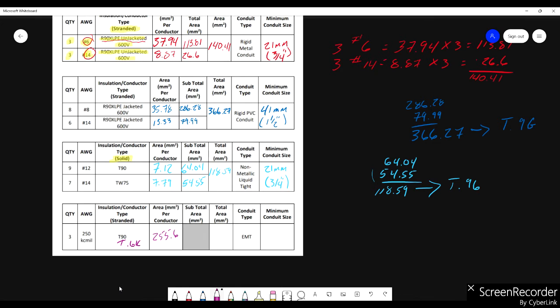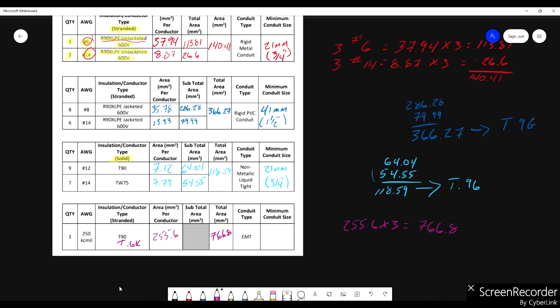There's no other conductors going in with it that we need to add to, so I blanked it out. So total area would be, we're going to take this times 3, so 255.6 times the number of conductors, or you can go to the table itself and go under the number of conductors column 3, and you should get 766.8, right?